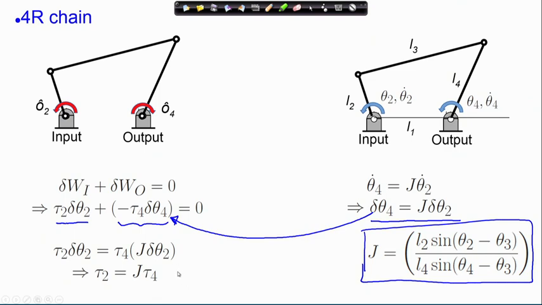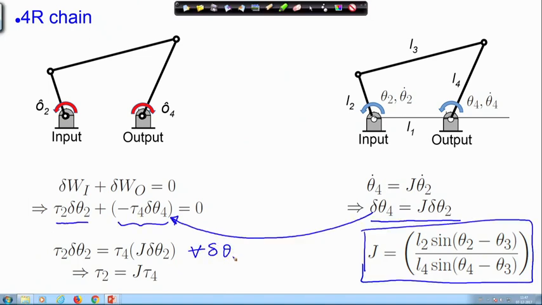Now, delta theta 2 can be arbitrary. So, this should be true for all delta theta 2, any delta theta 2. So, this can happen only when torque at the input is J times the torque at the output.